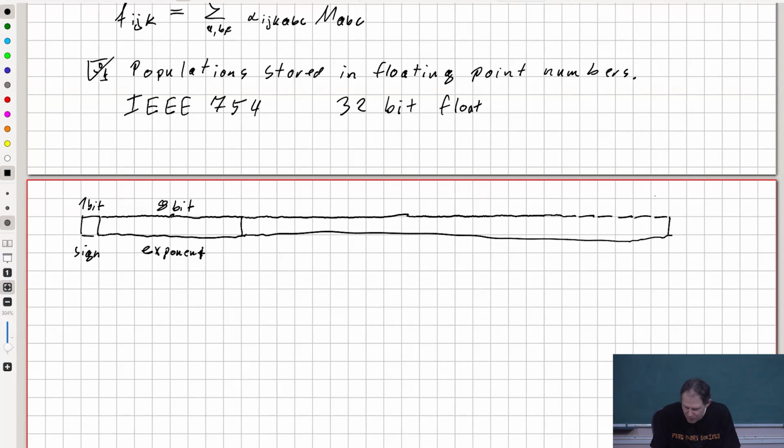I don't know whether I miscounted this. This is where the actual information is more or less stored.